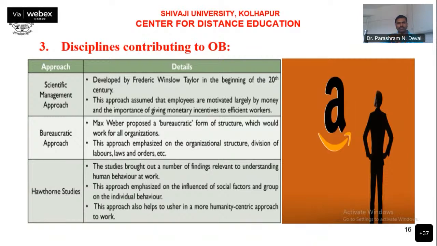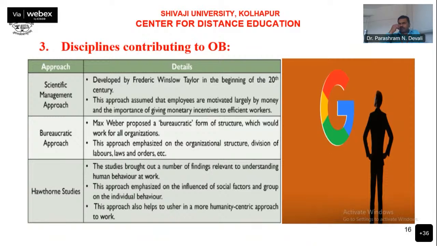In 19th century, there is bureaucratic approach. And afterward, Hawthorne studies conducted by Elton Mayo. And right now, we may think about human resource management, humanistic management or humanistic relation. These are different approaches in organization behavior.